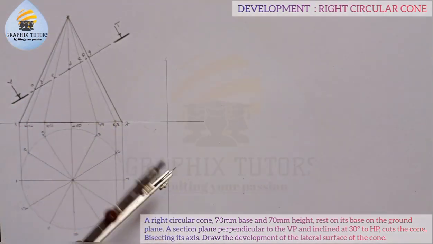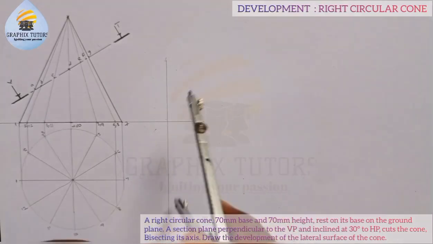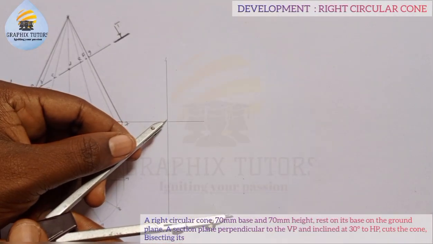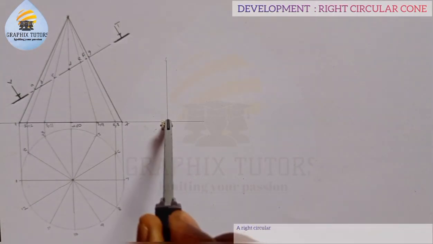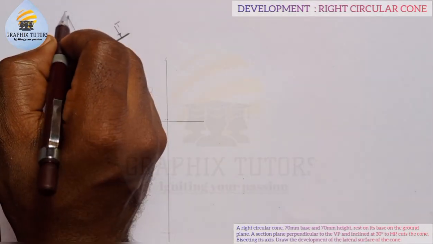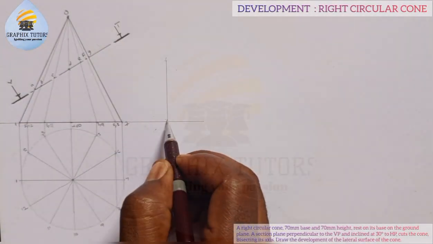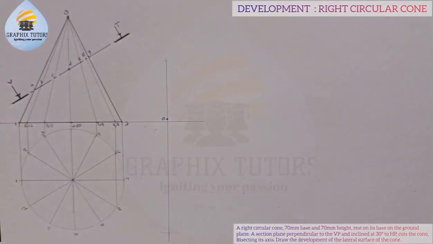And I'll place it at any of the points, and I'll mark this point here. So that point I mark, this point here will be my point O. So automatically this point here also will be my point O. You can see that? While here will be my point 1.